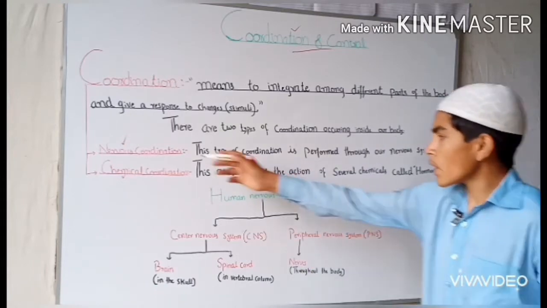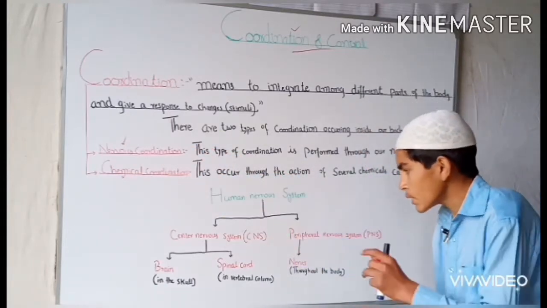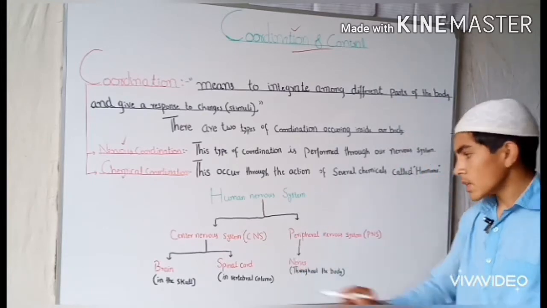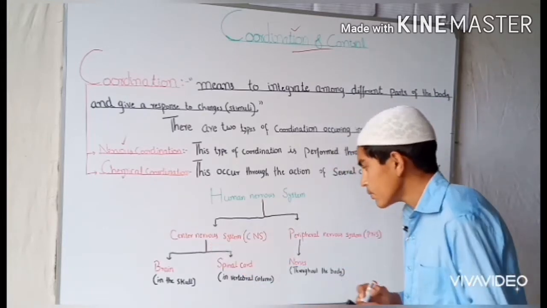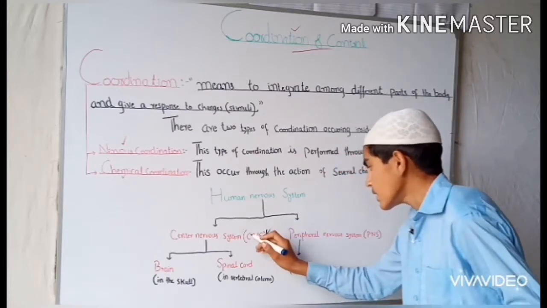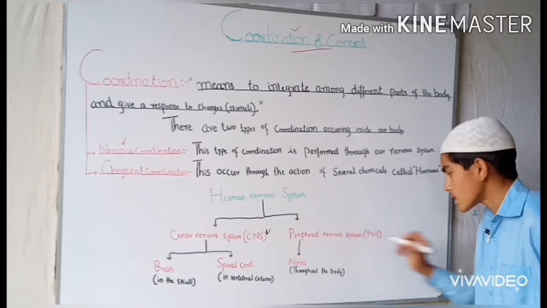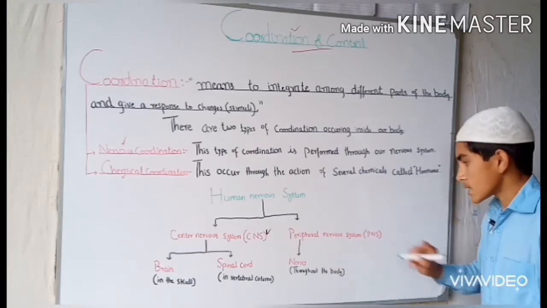Human nervous system. Nervous coordination involves the human nervous system, which can be divided into two parts: the central nervous system, or CNS, and the peripheral nervous system, which is called PNS.